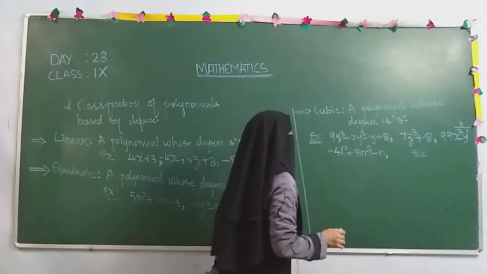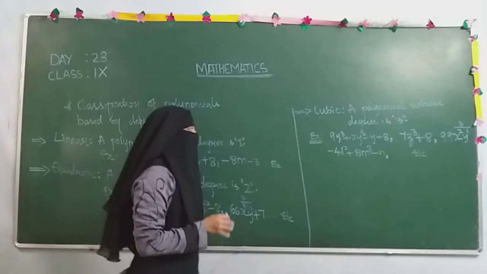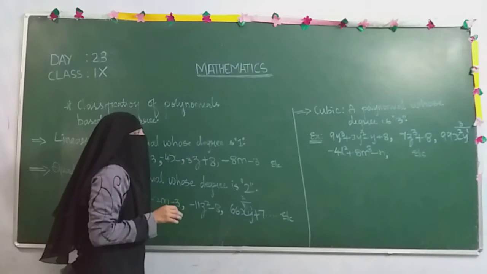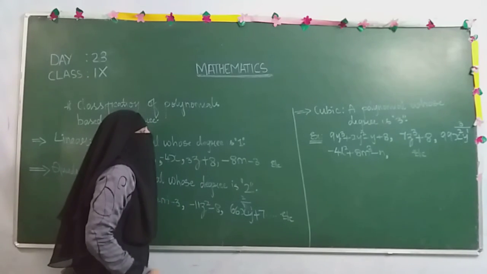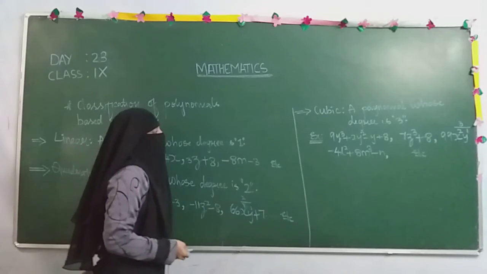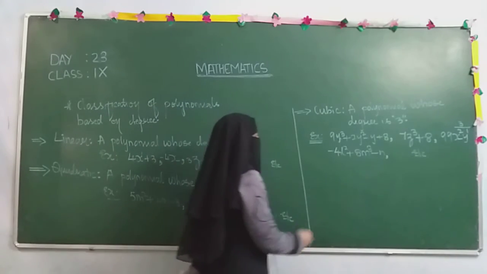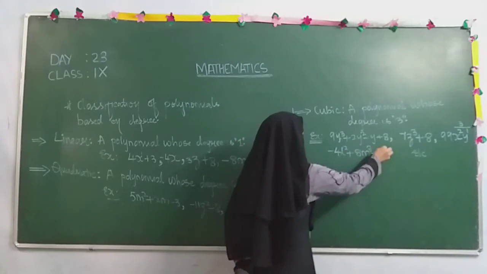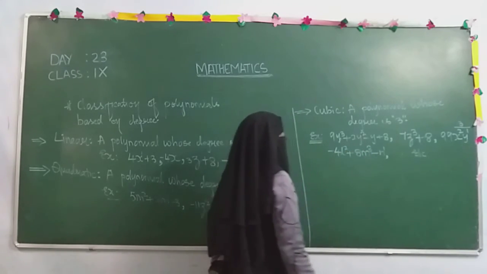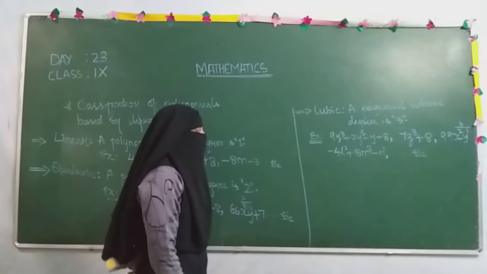All the time polynomials will be written with the powers in decreasing order, or descending order, we can say. So that is called standard form. Here the power is 2 and here the power is 3, then it is 1, which is not in a standard form.